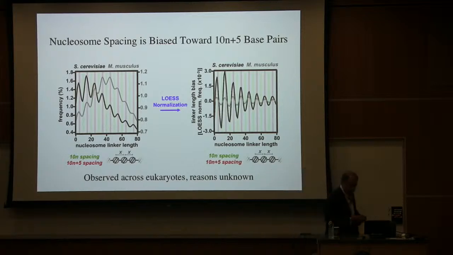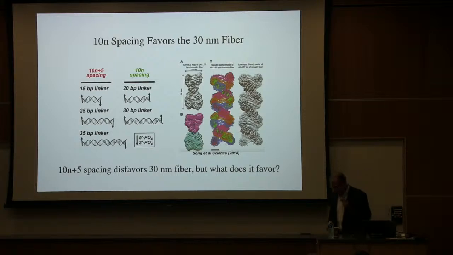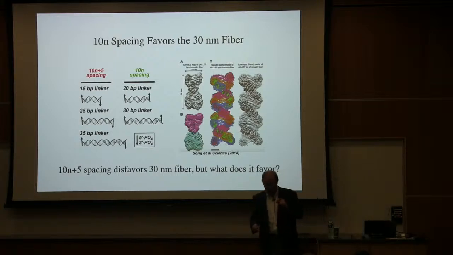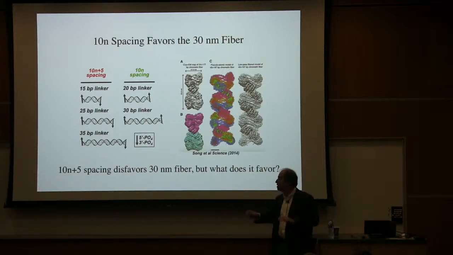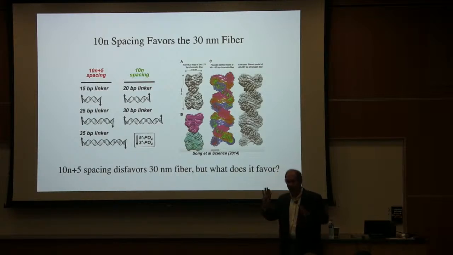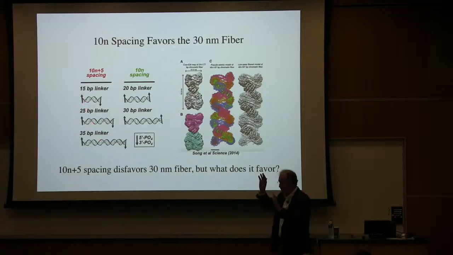Now, if you think about this, DNA has 10.2 base pairs per turn, which means that 10n essentially aligns successive nucleosomes facing the same way, right? So 20 base pairs, 30 base pairs, nucleosomes at either end of this will aim the same way. 10n plus 5 aims them exactly opposite. So 15, 25, 35 aims them in opposite directions.